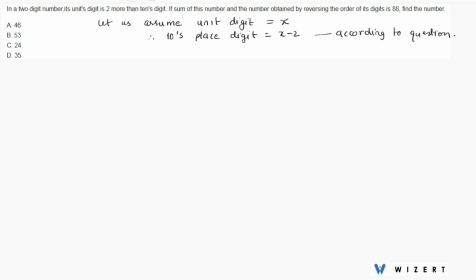Now we are also given the sum of this number and the number obtained by reversing the order of its digits. That means to obtain a number from unit and tens place digits, what we can do? 10 multiplied by tens place digit plus units place digit.